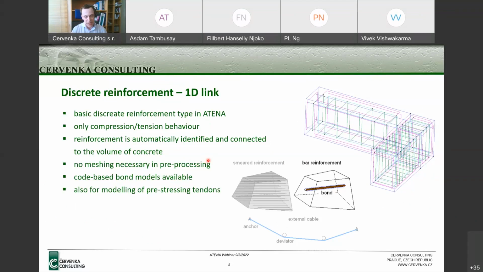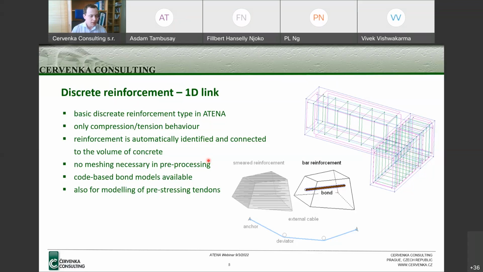They are easy to use in the software because you model them as line elements. You place them inside of the volume elements, and the software will automatically identify them, mesh them, and connect them with the surrounding concrete. So from this point of view, they are very easy to use.